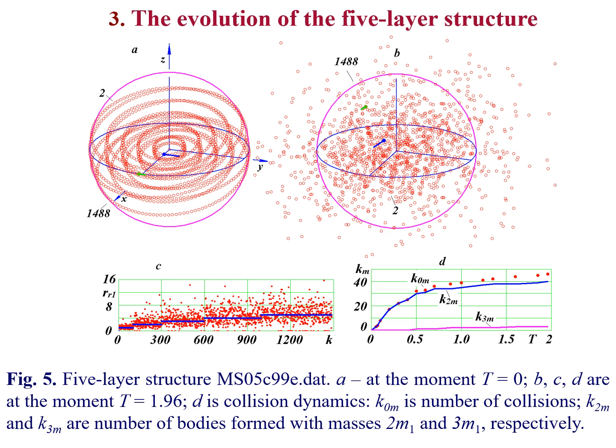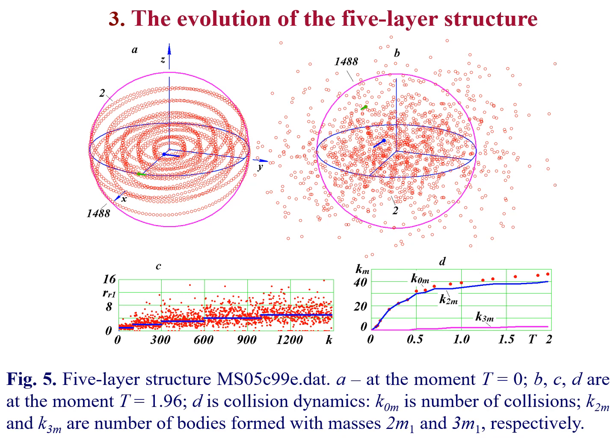Figure 5a shows the structure at the moment t equals 0, i.e. after its formation by the program Multilayer spherical structure 2. The segments show the velocity vectors of the second body, i.e. the first body of the first layer, and the 1488th body, i.e. the last body of the last layer.